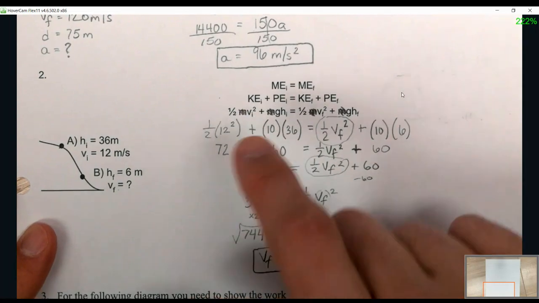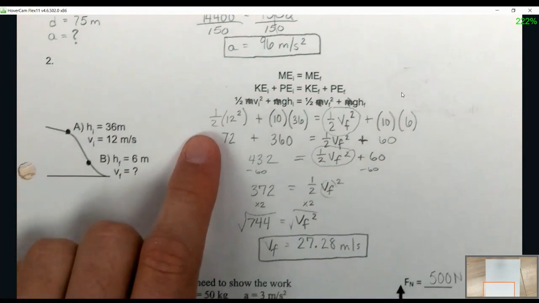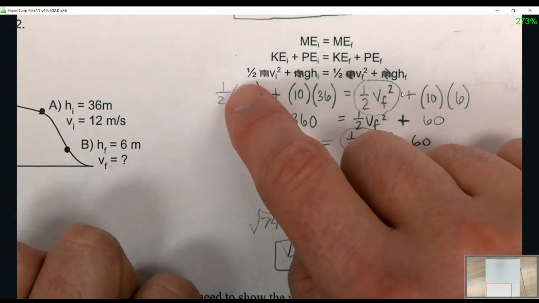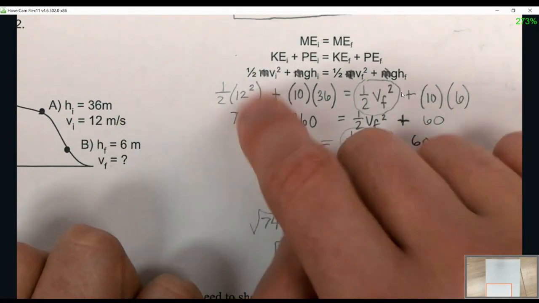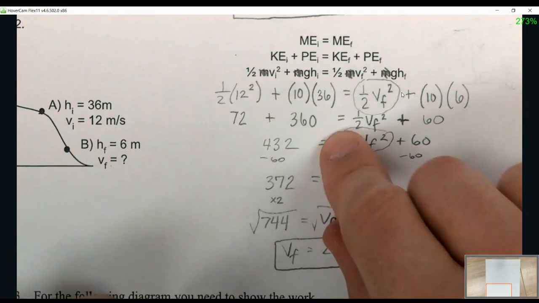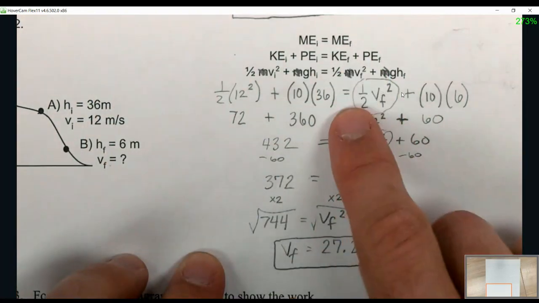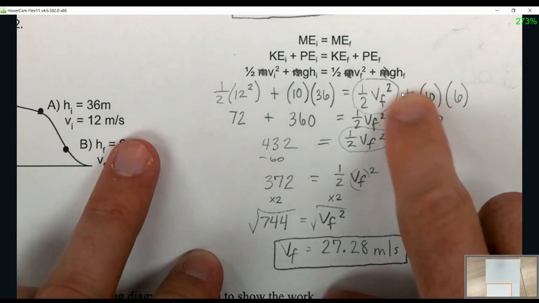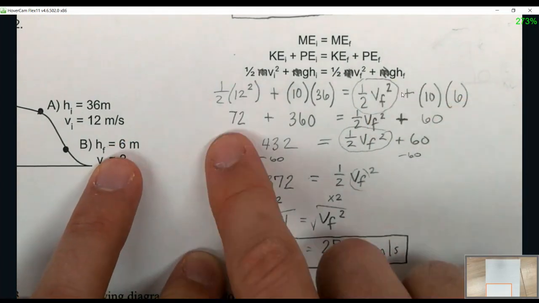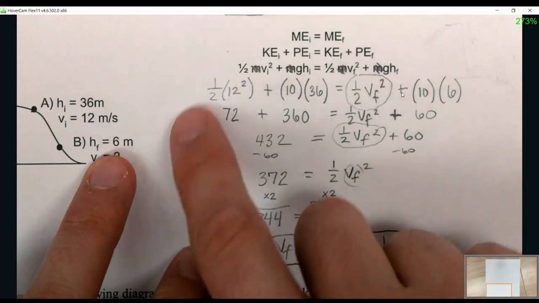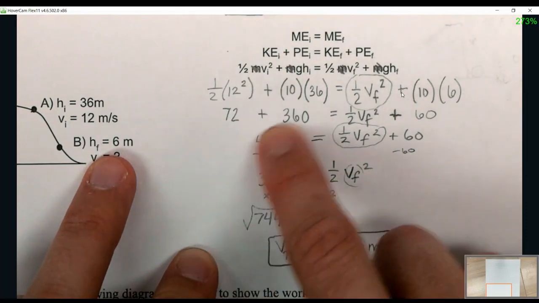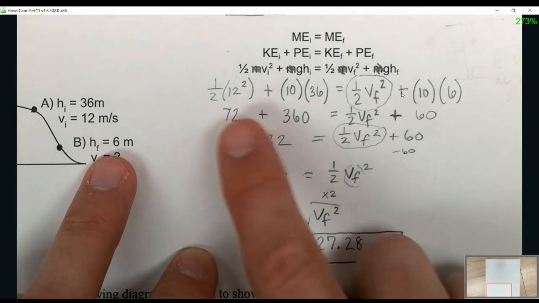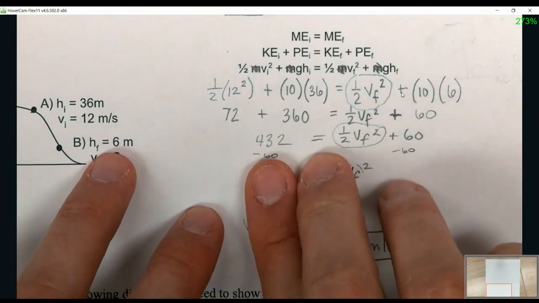So you will cross out the m's and add in your given information: 1/2 VI, make sure that's squared, plus g, which you're going to need to know is 10, times 36, equals 1/2 VF squared, which is what we're looking for, plus gravity times the final height of 6. Do the squared first, then divide it by 2, multiply, leave this be, multiply, add, simplify the left side, leave the right side.